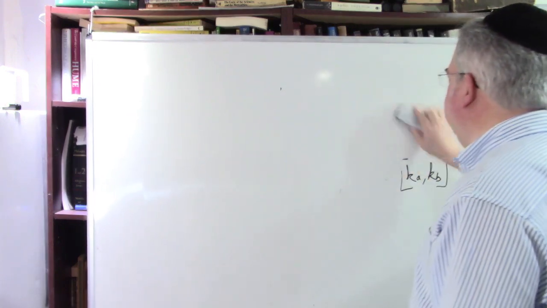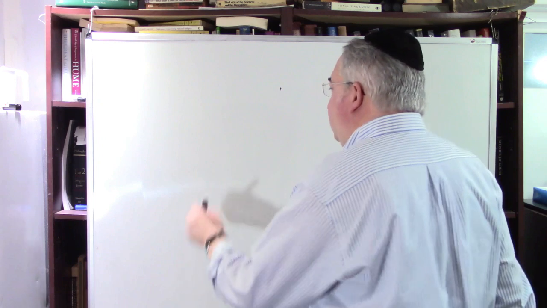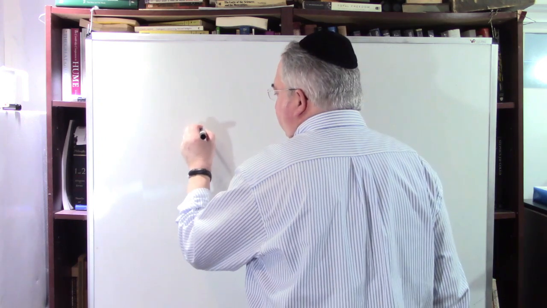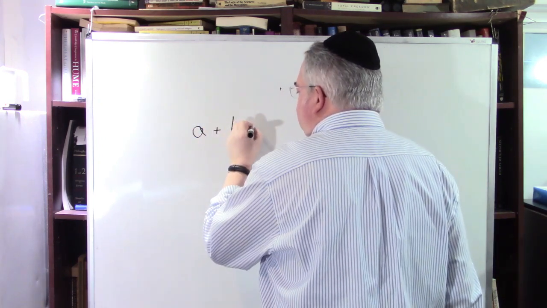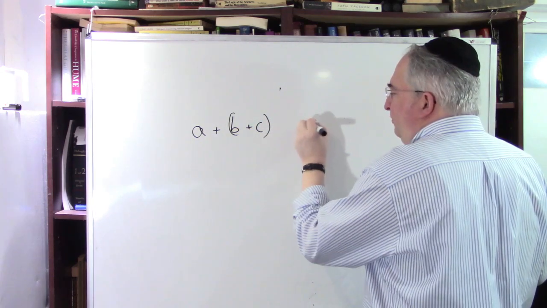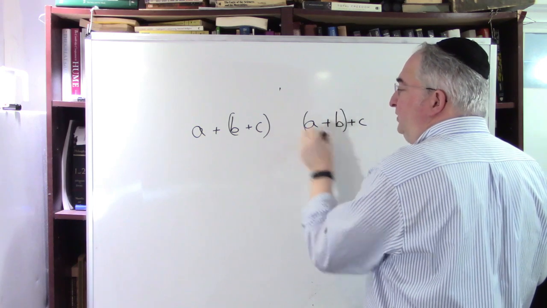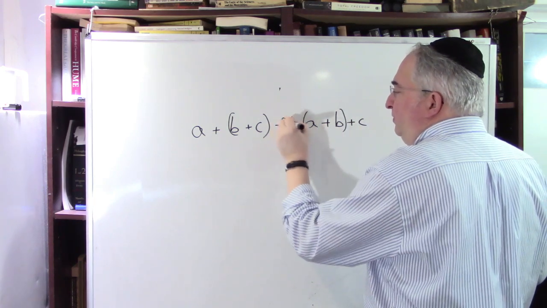And again, we're doing this double speed because we have already seen this, and so we know the concepts. Let's say you have three objects in the category, A plus B plus C. You can do the coproduct operation like that, or you can do the coproduct operation like that, and there's an isomorphism in between them.